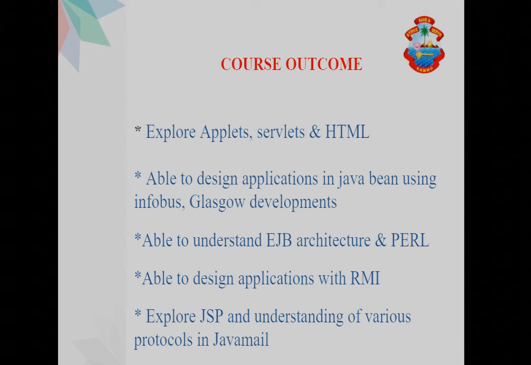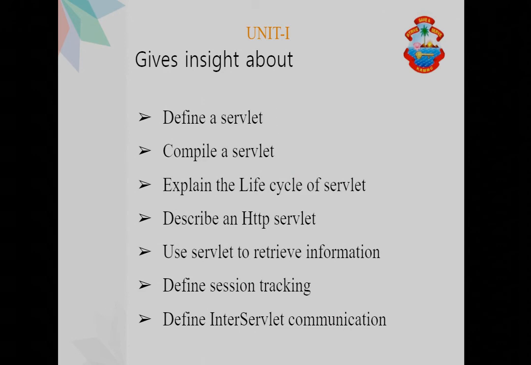And second unit covers about Java Beans using Infobus and Classco developments. Third unit covers about EJB architecture and Perl, and the fourth unit covers about RMI, and the fifth unit covers about JSP and the understanding of various protocols in Java Mail.